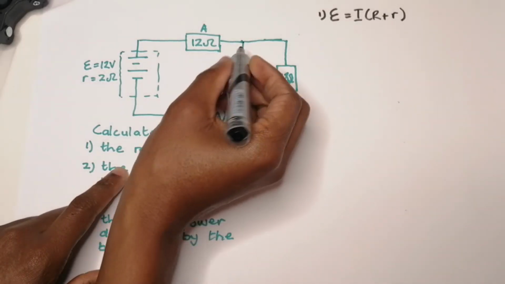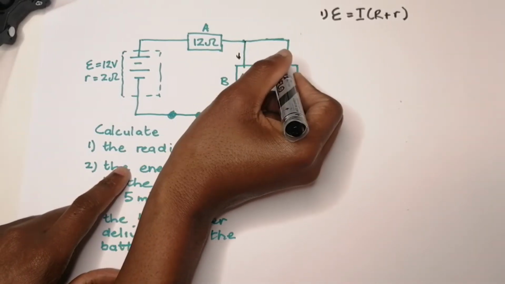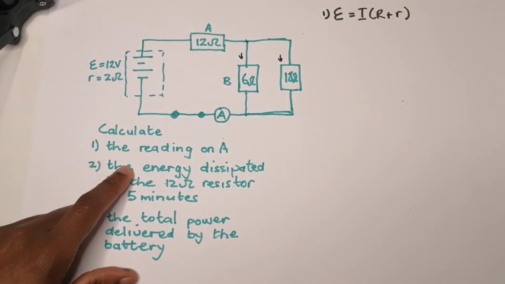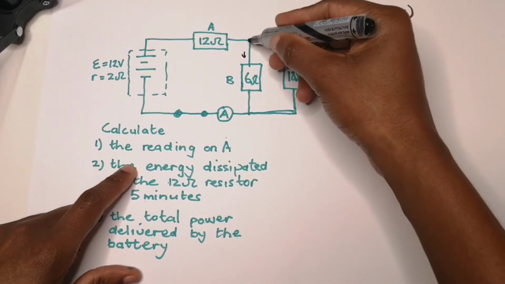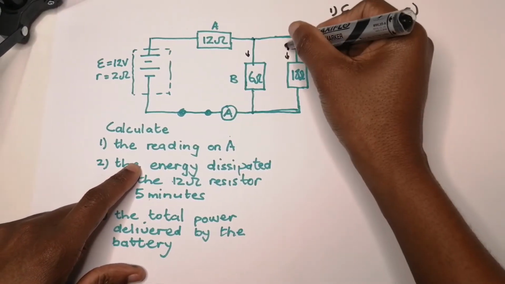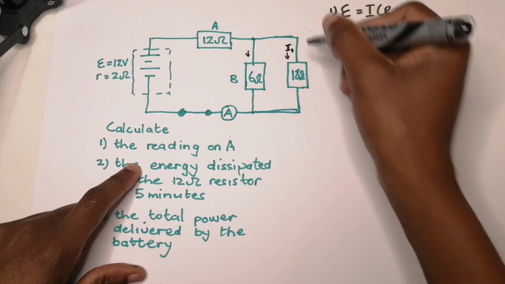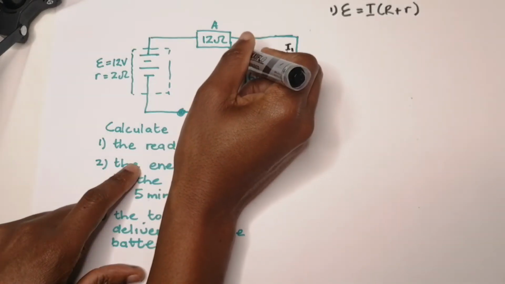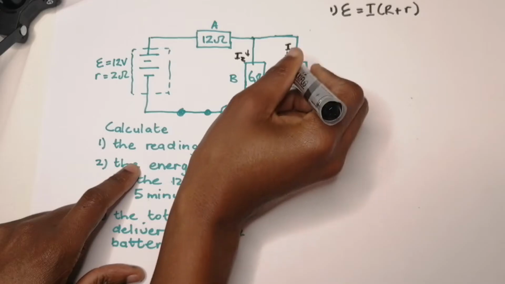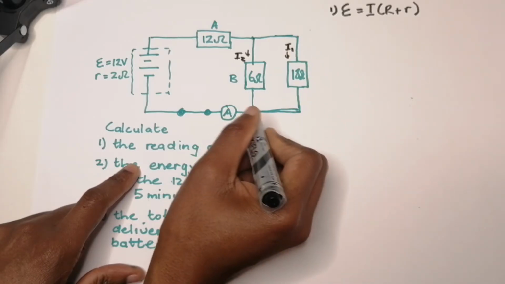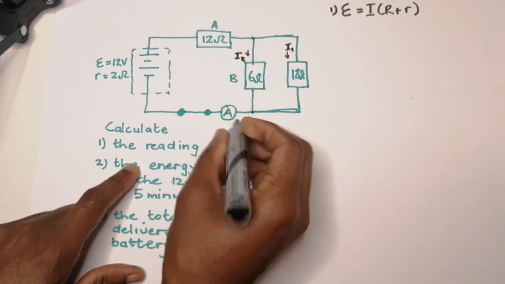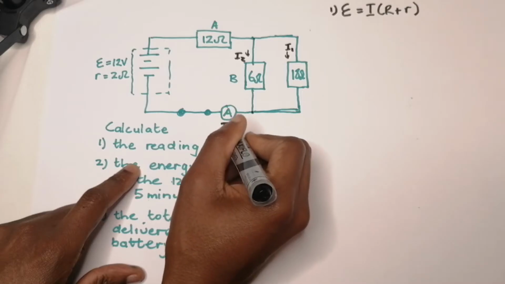When we get to this node, the current is going to split, so some of the current will go there. Let's call that current I1, let's call that current I2, and when we get to that node, both I1 and I2 would pass here in the form of the total current.